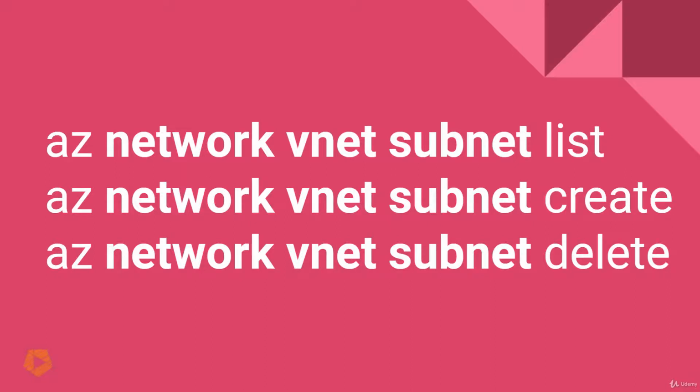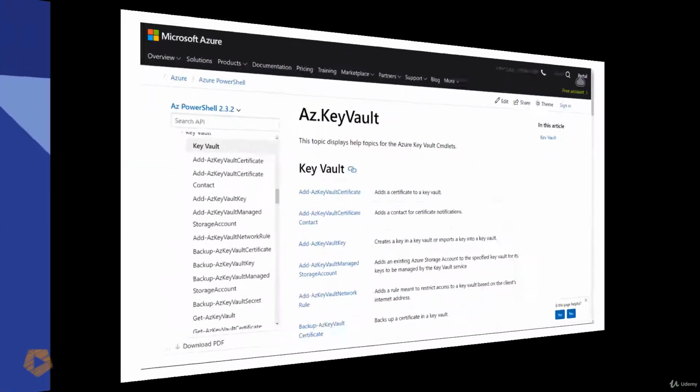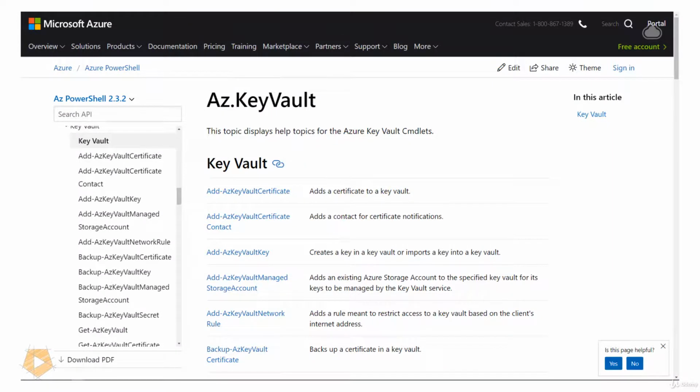Now if we go over to PowerShell, PowerShell is also similarly predictable. There is a PowerShell reference. I'll put the link again, but I would recommend both for CLI and PowerShell. If you're into administration as a career, you should have these bookmarked.